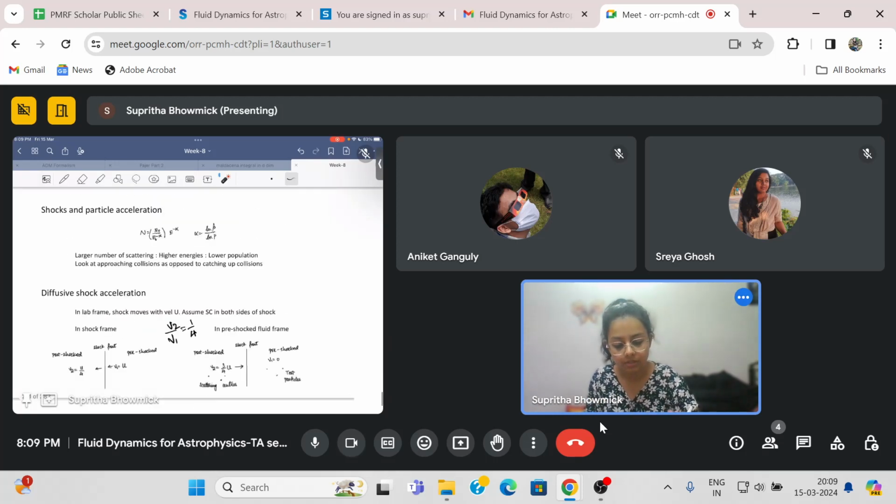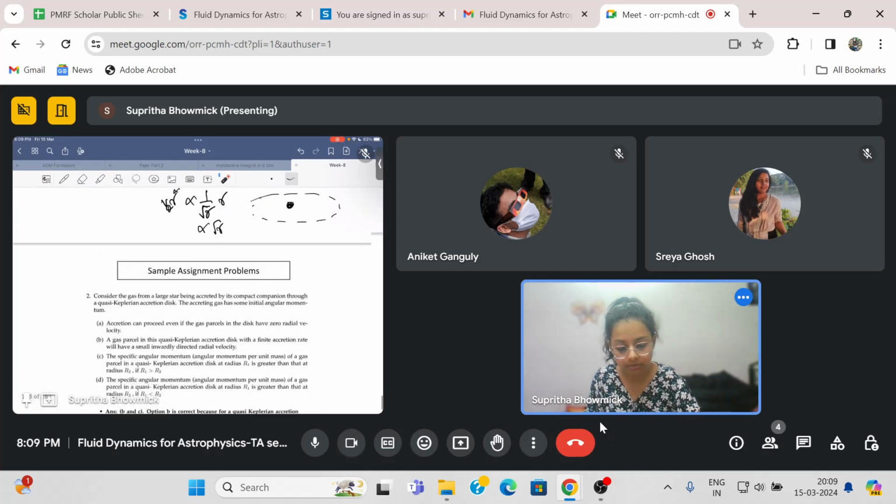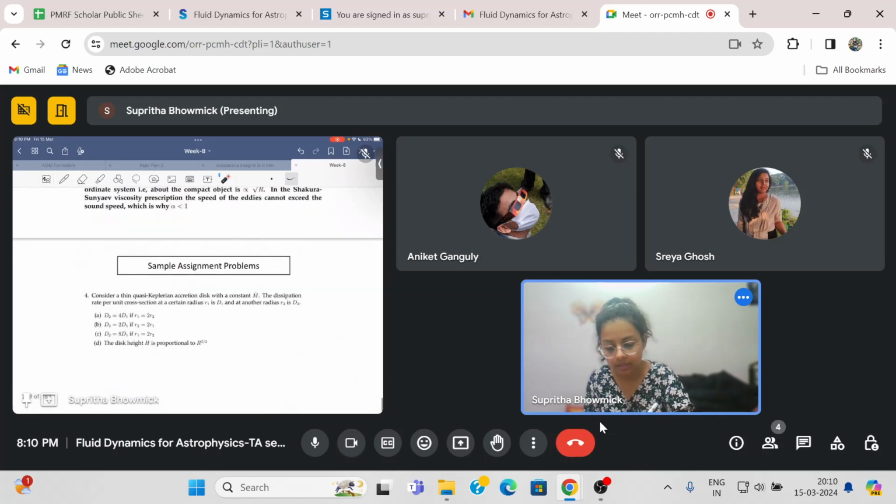So the dissipation essentially scales as r cubed. At a radius, if you double the radius, what happens to the dissipation?